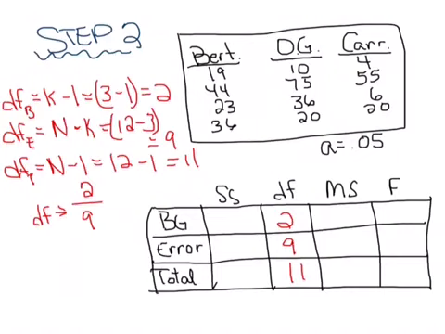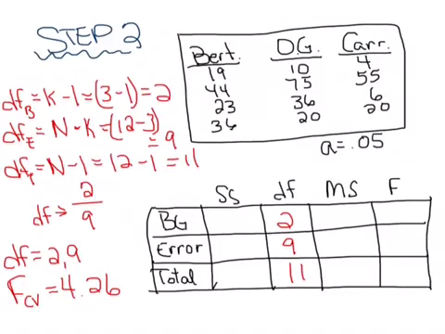We go to 2 in the second column, then down to 9 in the rows, and using 0.05, we see that it's 4.26. So our degrees of freedom equal 2 and 9, and our F critical value equals 4.26. That is the level of significance that we're going to be testing this one-way ANOVA at.